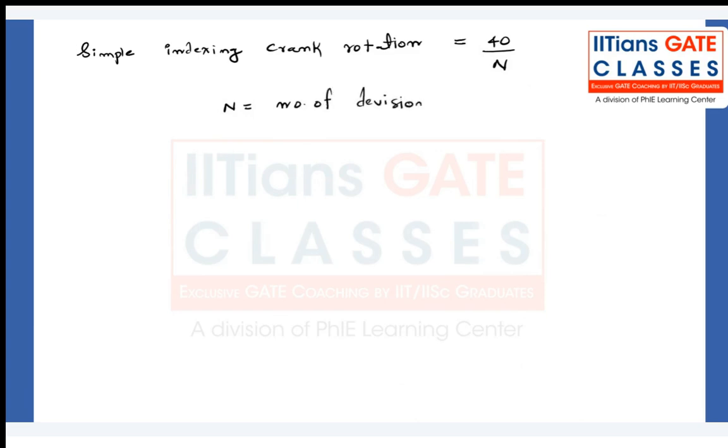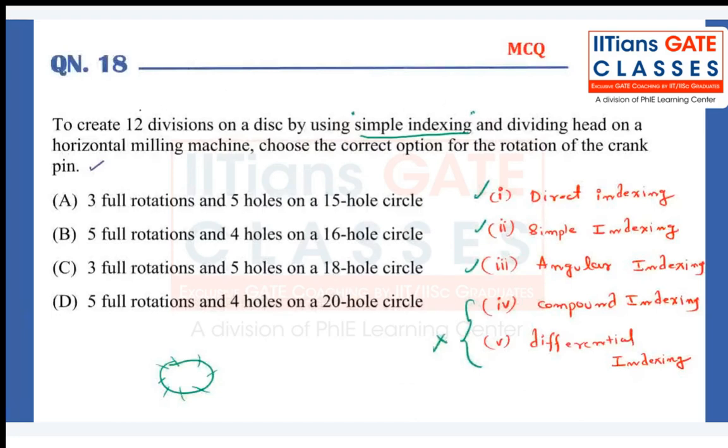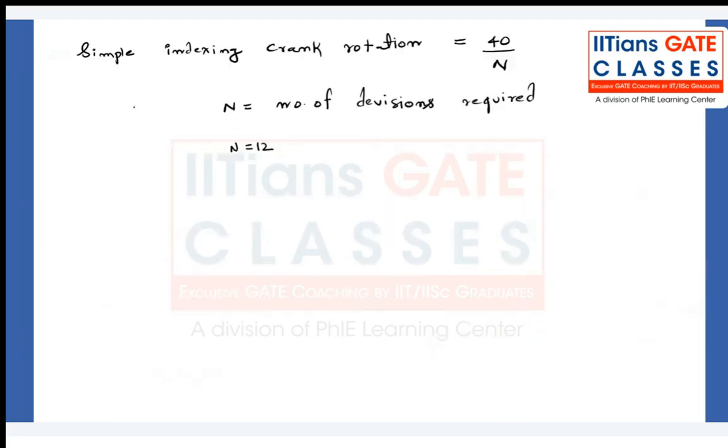The number of divisions required in the problem is given as 12. We need to divide the circumference of the workpiece into 12 divisions.